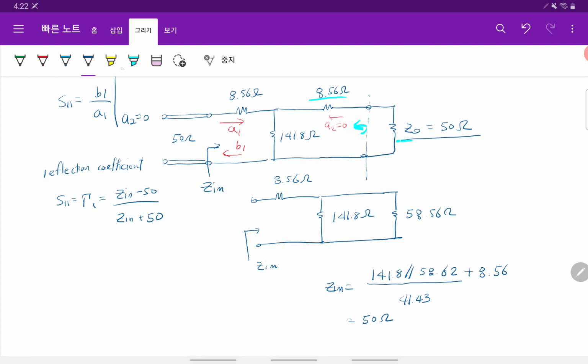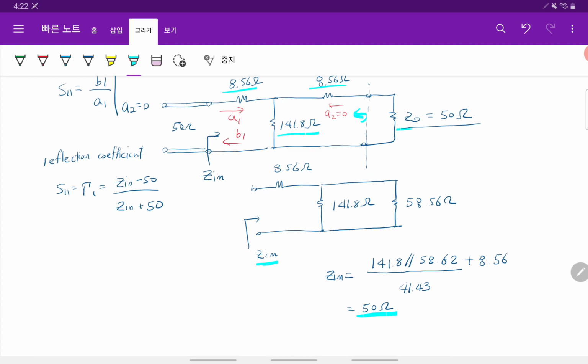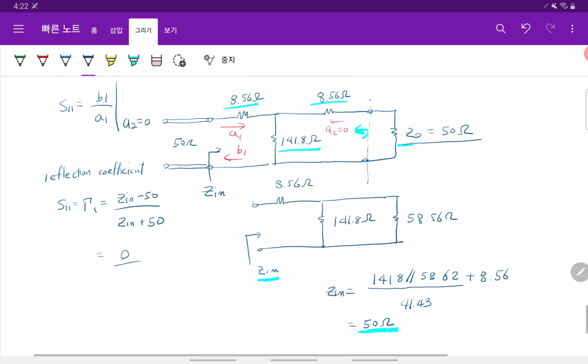So basically this other component is intentionally designed to make 50 ohm for this Zin. So what does it mean? Zin is 50 ohm, then reflection is 0, right? Which is good, so no reflection at the input port.